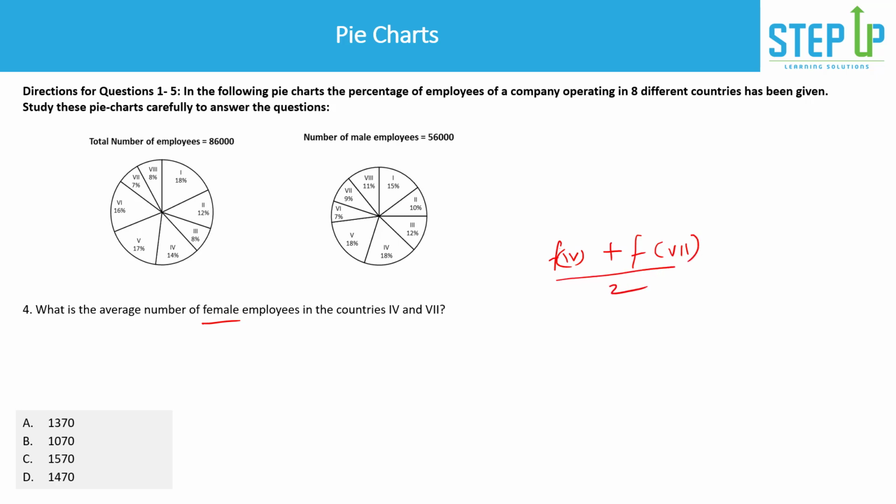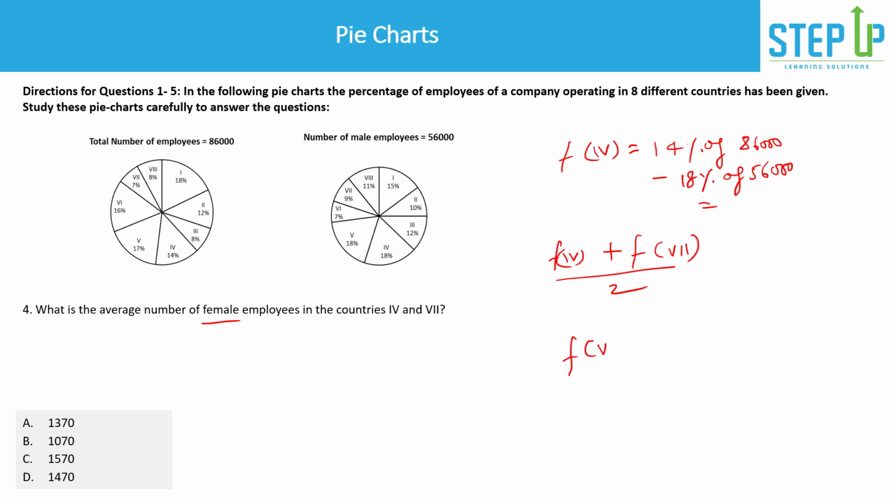So can we not calculate female in country 4? Female in country 4 would be very easy. This would be 14% of 86,000 minus how much in country 4? 18% of 56,000, and you can get your answer, right?